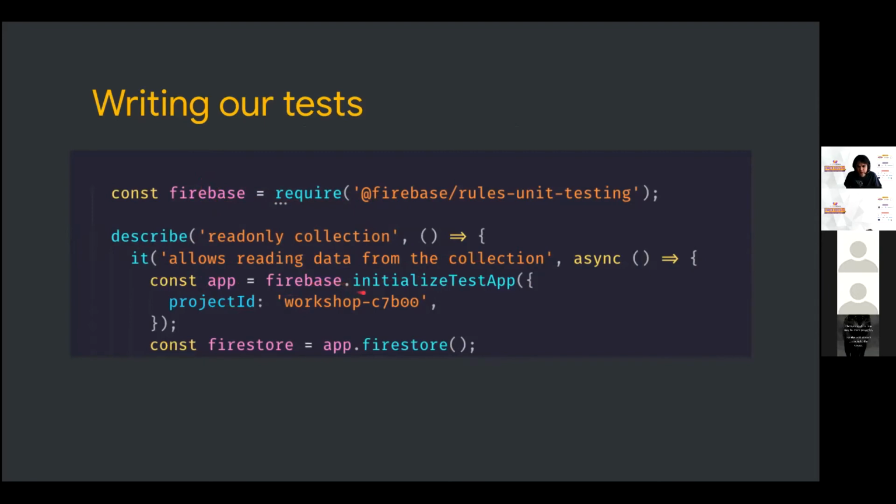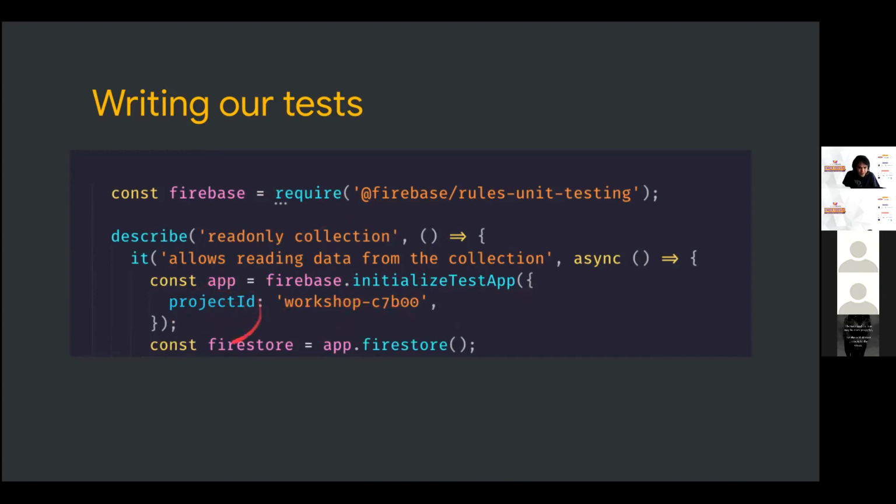If you use Firebase, we usually call firebase.initializeApp and pass in all the configs for our Firebase project if we're using the actual Firebase SDK. But this is the Firebase unit testing library, so we call firebase.initializeTestApp. It will configure our project already to use the emulator suite. We pass in our project ID, which we can get from the project console.